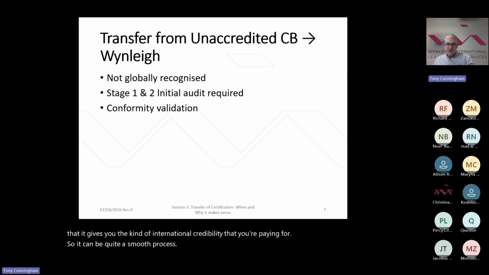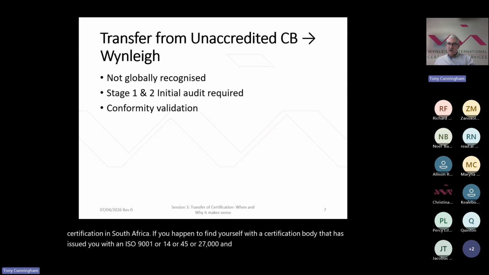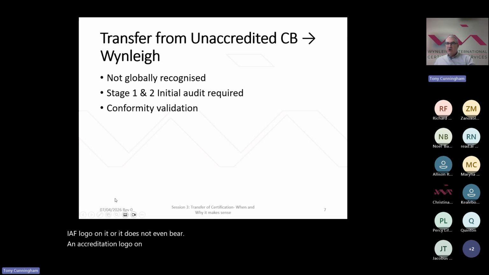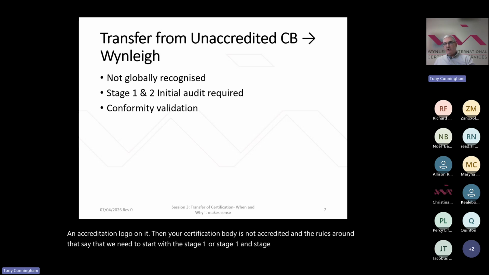If the certification body, and there are a couple of them that are not accredited but offering certification in South Africa, if you happen to find yourself with a certification body that has issued you with an ISO 9001 or 14 or 45 or 27001 certificate, and it does not bear the IAF logo on it, or it does not even bear an accreditation logo on it, then your certification body is not accredited, and the rules around that say that we need to start with a stage 1 or stage 1 and stage 2 audit as if you were a brand new client.